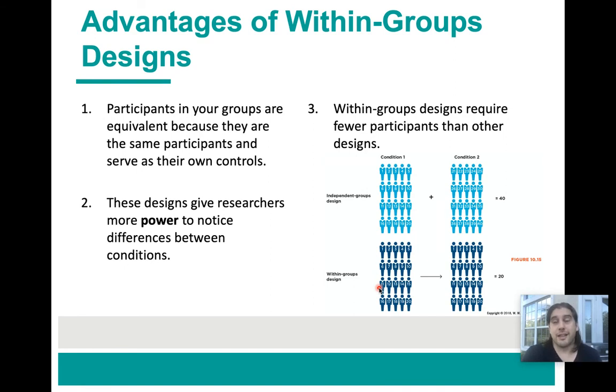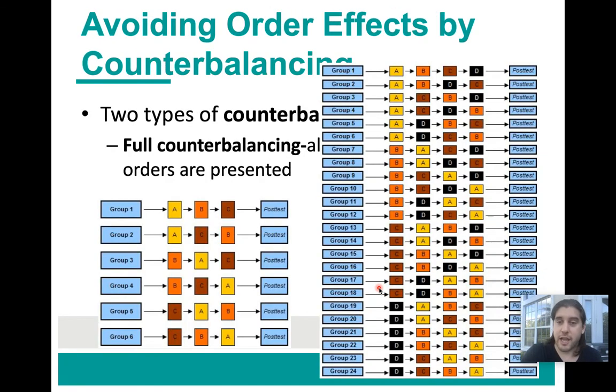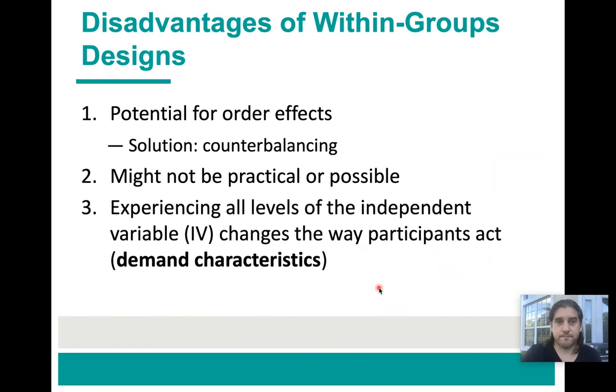A disadvantage is that if you have more than 2, or especially more than 3 levels of the independent variable, it just gets really complicated because of counterbalancing. The disadvantages are that we have to do something for order and practice effects. This might not be practical or possible in certain situations.